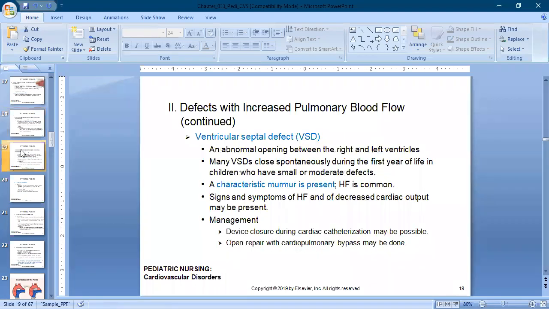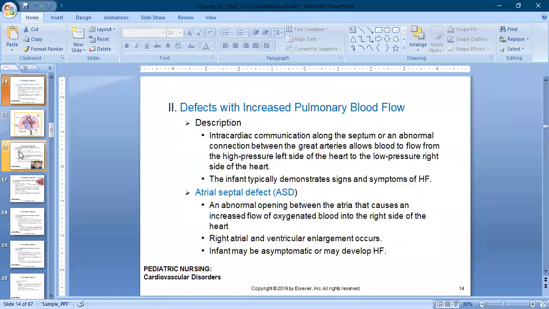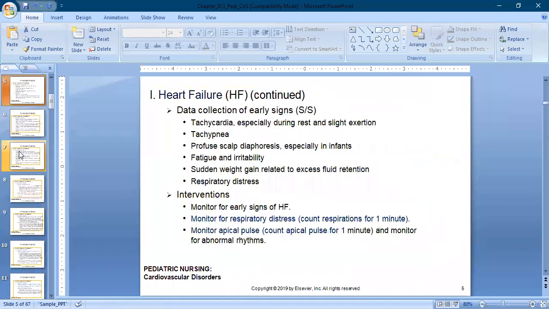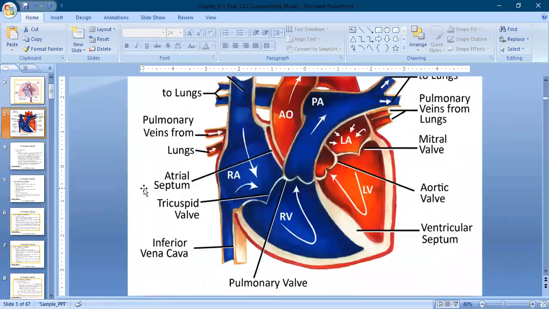That's it. Next one is called ventricular septal defect, right? Ventricular septal defect. I already showed you in the picture. This is the ventricle, right? Right and left. Any abnormal opening between the ventricles is called ventricular septal defect, shortly called VSD.